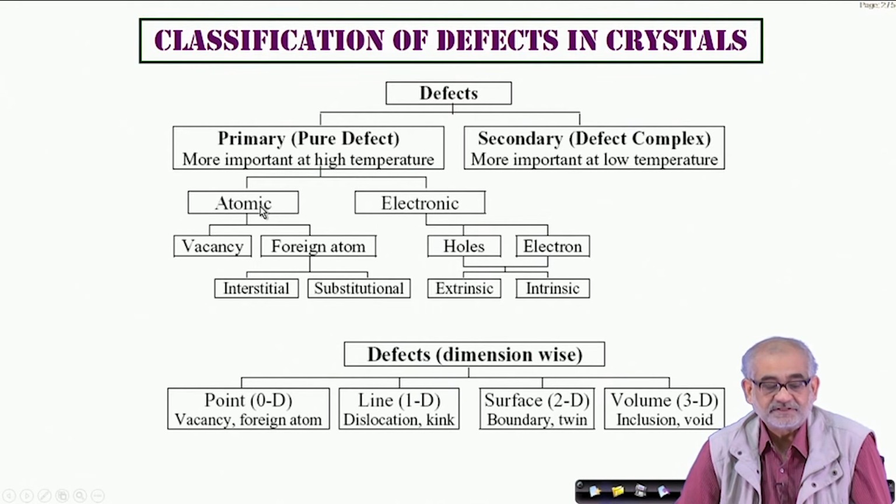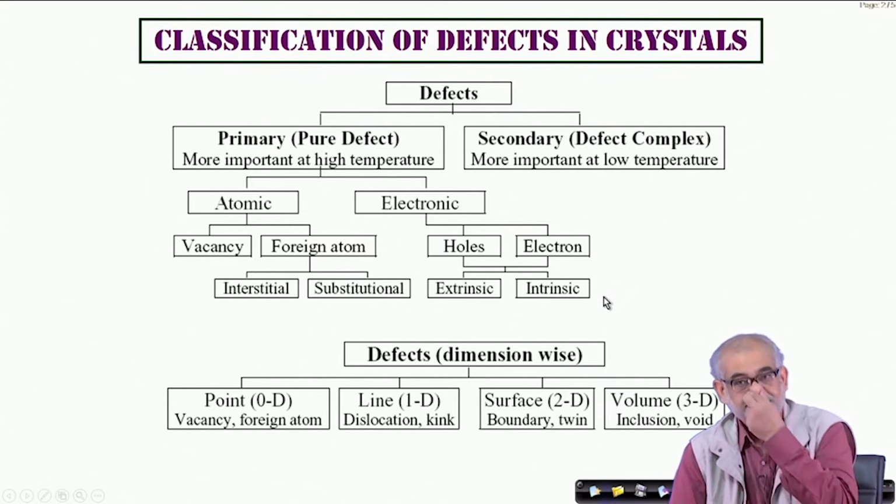In the case of atomic disorder, we just discussed that we can have vacancies or foreign atoms, and the foreign atoms could either be interstitial or substitutional. And electronic defects could create either a hole, where an electron is missing in a crystal which has a certain band gap, or an excess of electrons. So either holes or electrons could be either extrinsic or intrinsic, depending upon the compositional variation of the system.